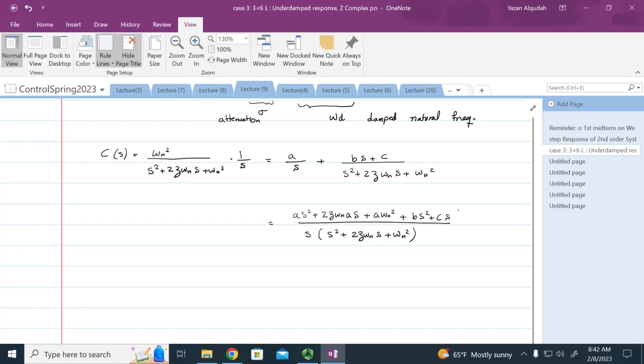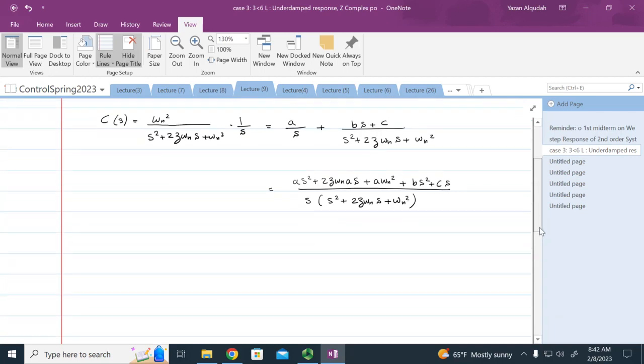Now this has to equal this. So therefore, if I put the terms together, on the left side I have omega n squared, the numerator, which has to equal: I have s squared multiplied by a term, I have a term that multiplies s, and I have a constant.